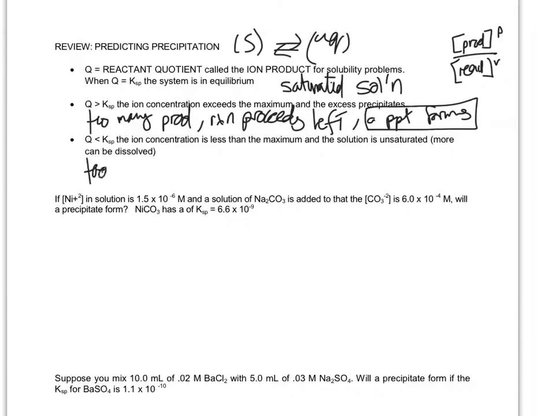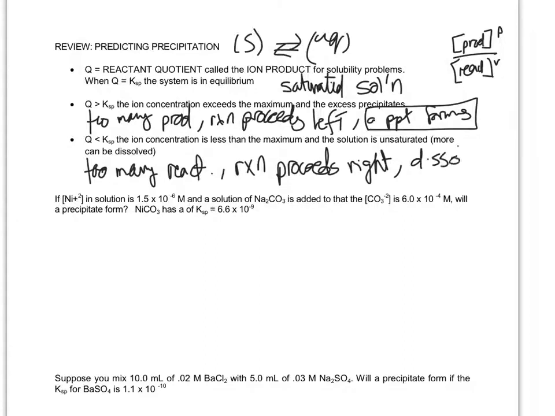If you have too many reactants, the reaction needs to proceed to the right, towards the aqueous ions, so it's going to form more aqueous ions or dissolve more. And so no precipitate would form.